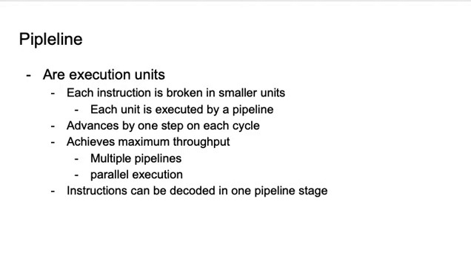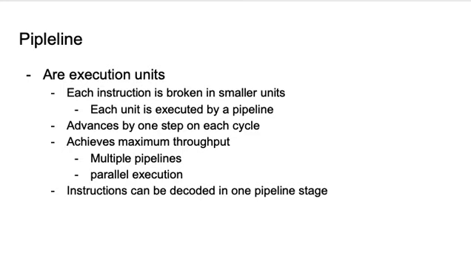The pipeline advances one step at a time on each cycle. There are multiple pipelines in a RISC architecture, and these can be executed in parallel. Thus, the throughput in a RISC architecture is higher.